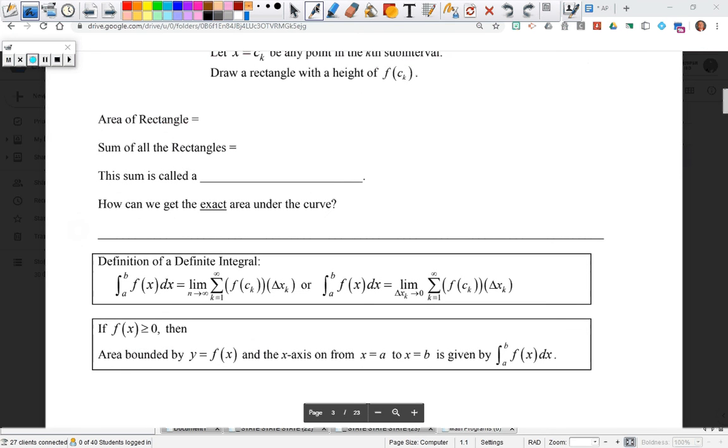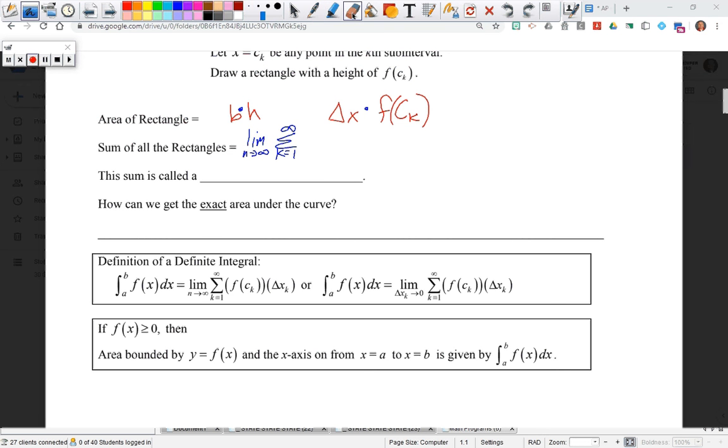So the area of the rectangle becomes the base times height, which in this case is delta x times the height. Okay? And the sum of all of them would be like if I said the sum from the first one all the way to the last one. And we can say this is like the limit as n approaches infinity, where ultimately we're saying that this k is going from 1 to n.